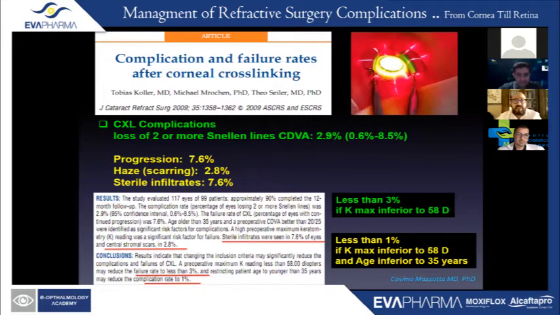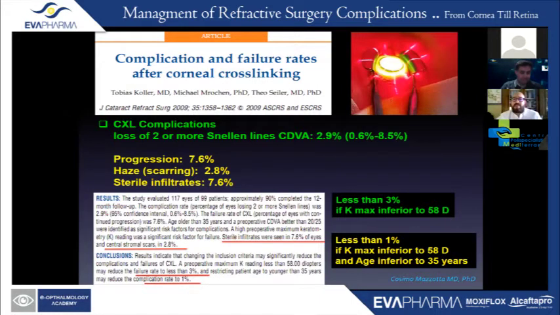The progression rate was 7.6, and the percentage of haze or corneal scarring was 2.8, with a sterile infiltrate. What Seiler found was that the complication rate could be less than 3% if the Kmax at the time of enrollment is inferior to 58 diopters, and also less than 1% if Kmax is inferior to 58 diopters and age of the patient inferior to 35.